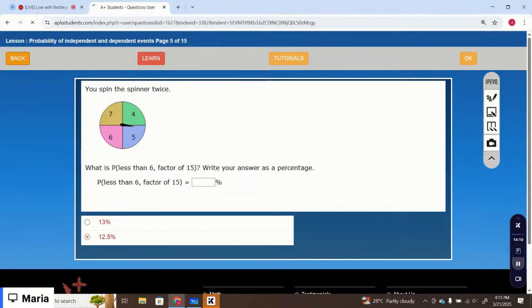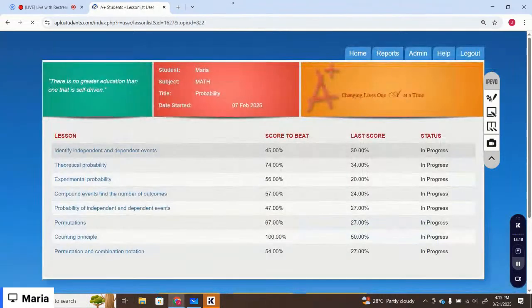Okay, you can complete the lesson by yourself for today. Let me just move on to the next lesson. The next lesson is permutations.